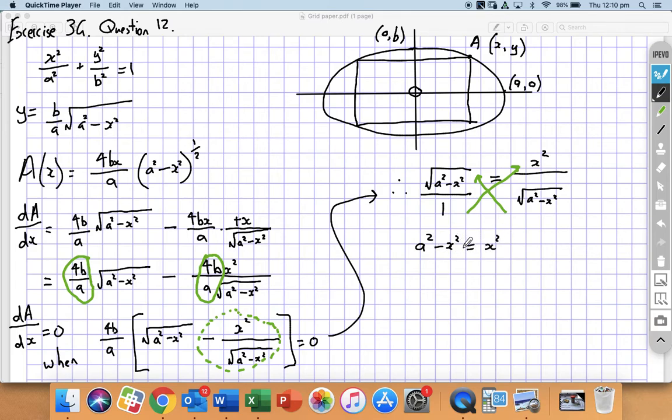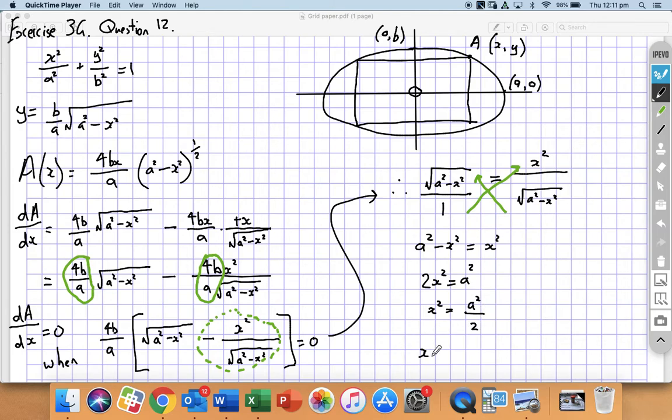All right, let's add an x squared to both sides, so that's coming over here. I have 2x squared equals a squared. Right, therefore, x squared equals a squared on 2.